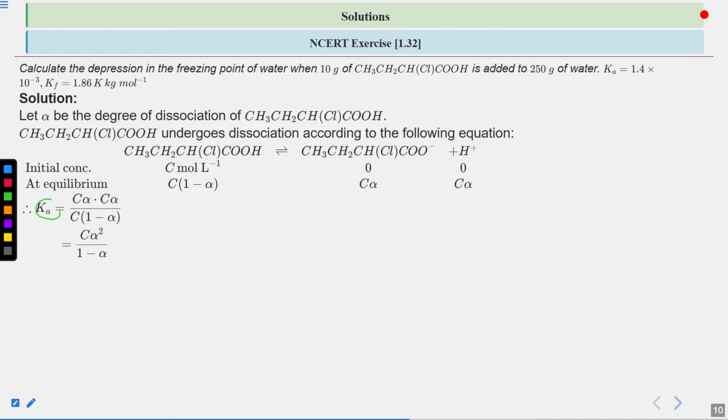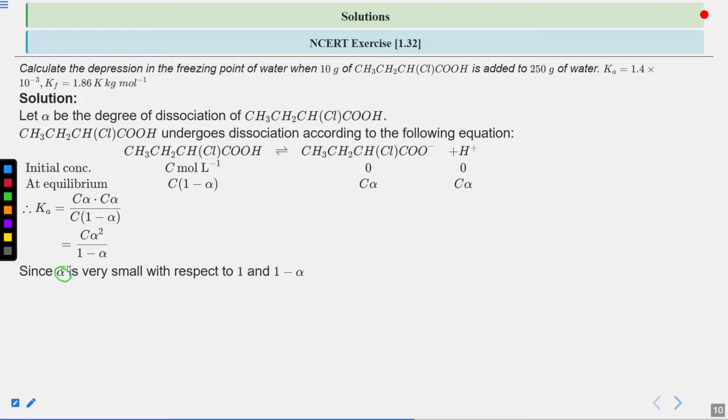Then Ka can be written as the product of the concentration of the products divided by the concentration of the reactant. We have one reactant only, so we have written this in the denominator and C square alpha square in the numerator. If you simplify it further, it will be C alpha square by 1 minus alpha.